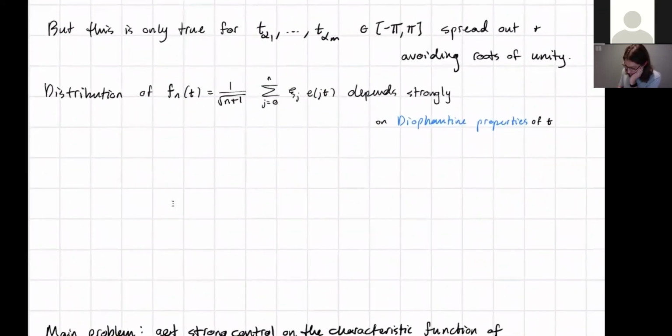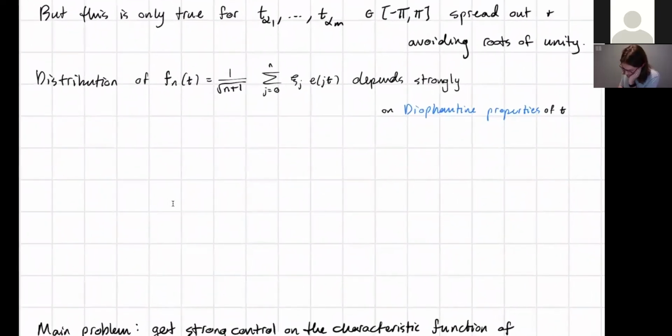You have to avoid roots of unity, and I'll just motivate it with a few different points. One root of unity: we'll look at 0. This is e to the i0, which is 1. So 1 is definitely a root of unity.